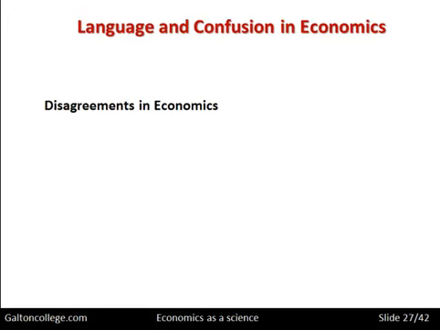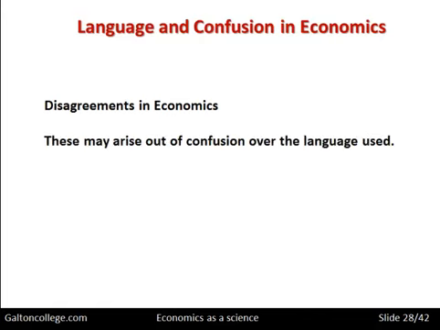There's also disagreements in economics. There are many disagreements in economics because, in a sense, we haven't clarified the language. Sometimes we argue in economics at cross purpose. I mean a certain thing and somebody else means something else by the same word even. So we have disagreements in economics. And they may arise over confusion about the language.